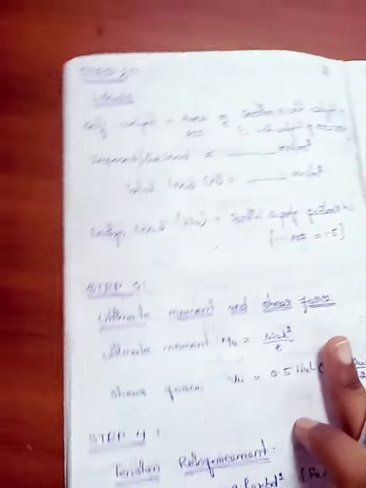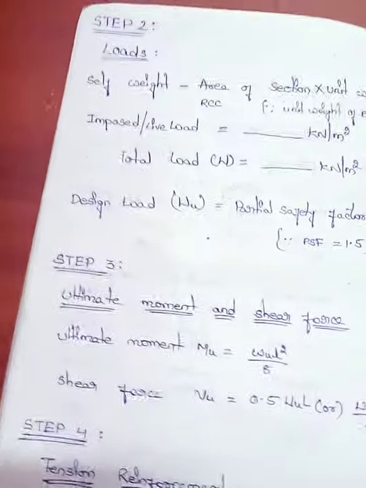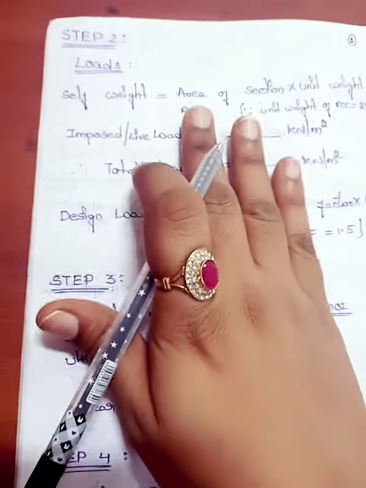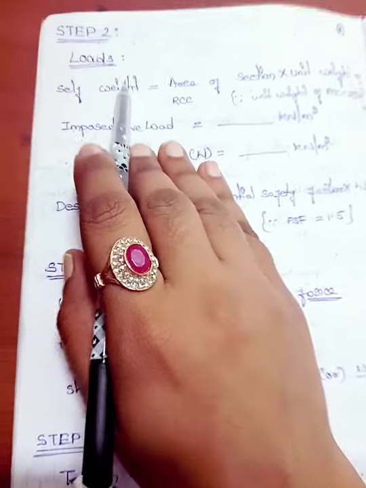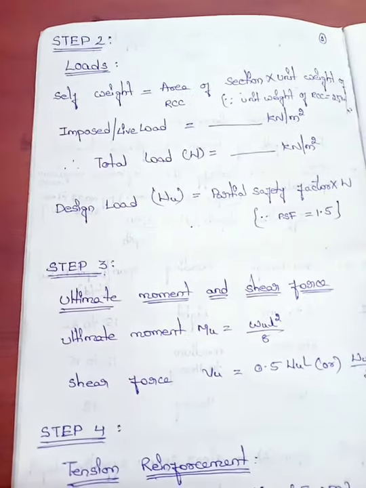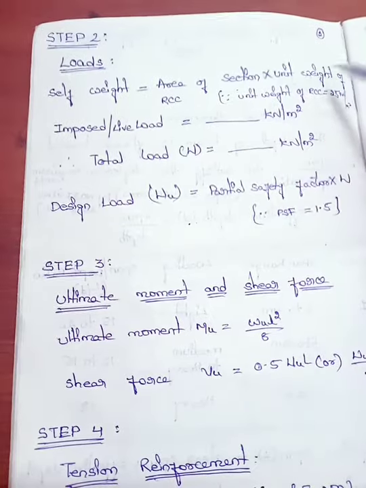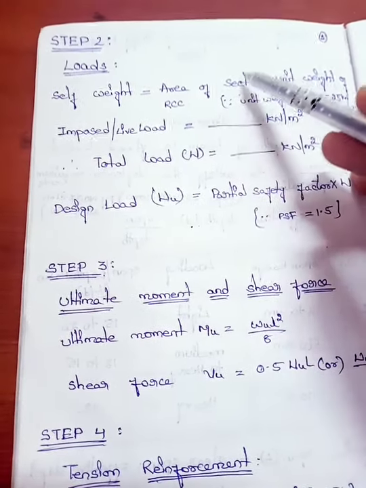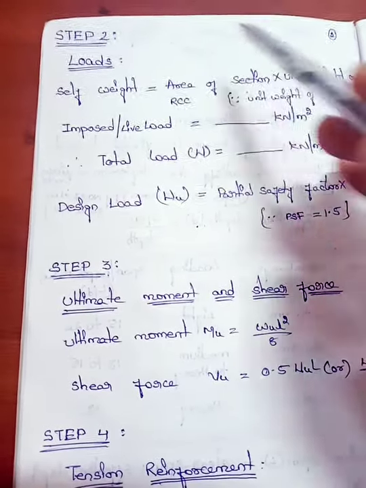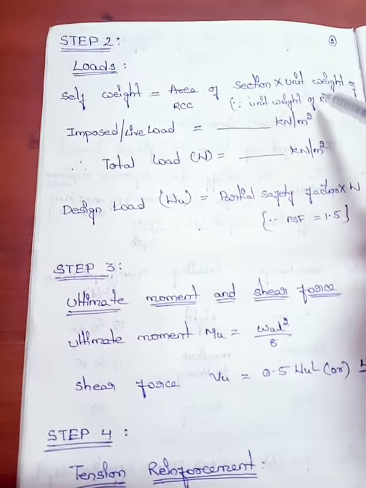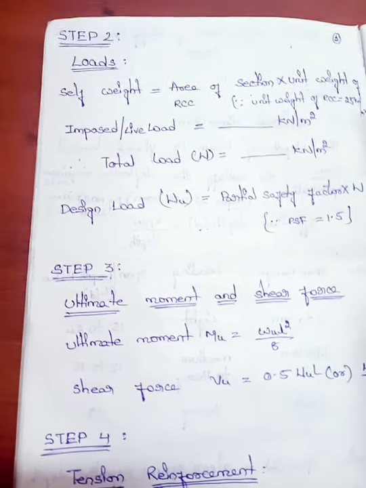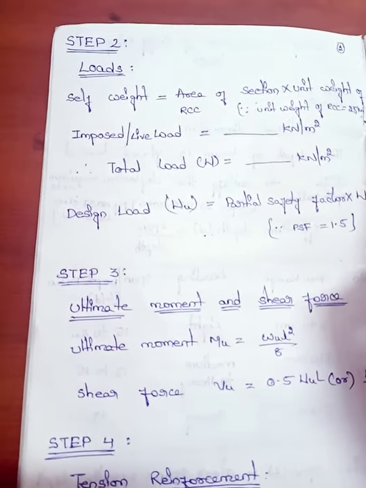After finding the effective depth and effective span, the next step is how to find the loads. The self weight is equal to the area of the section times the unit weight of RCC. We take the area of the section given in the question, so B into D into the unit weight of RCC, that is 25 kilonewton per meter cube.